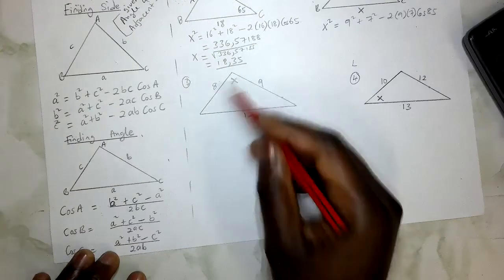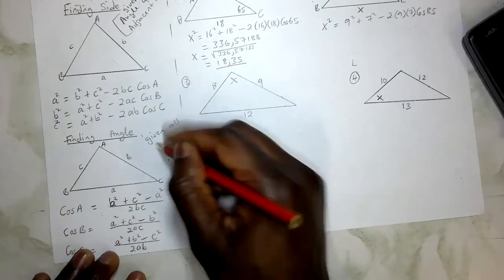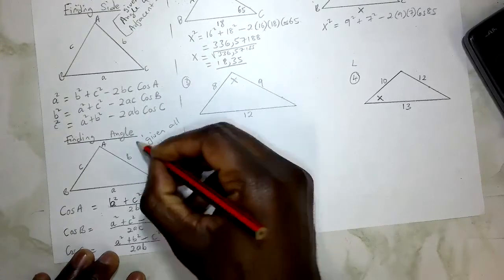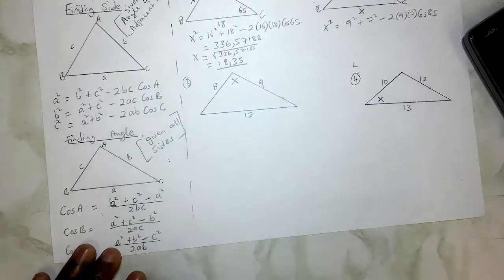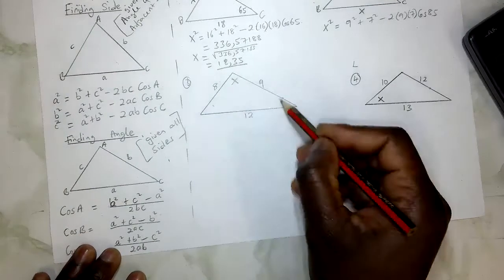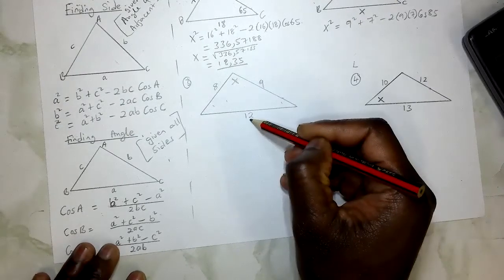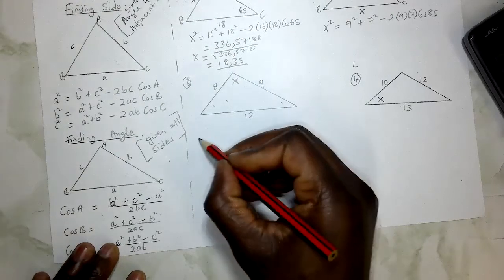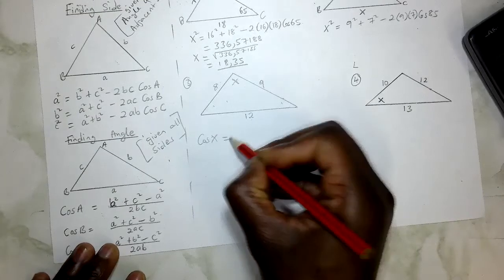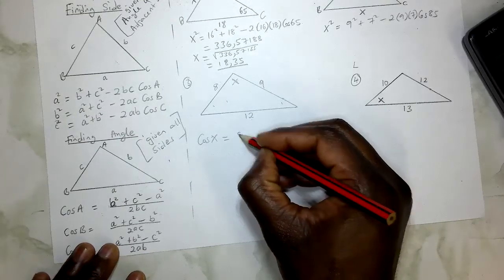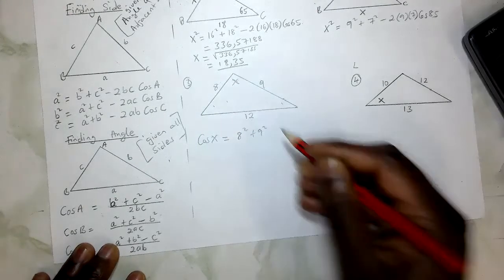Like in this case here, you are given all sides. That's the condition for cosine: you are given all sides and you want to find the angle. So you can find whichever angle that you want. Now in this case, with respect to x, we are going to subtract 12 squared. So to find x, we're going to say cos x is equal to 8 squared plus 9 squared minus 12 squared.